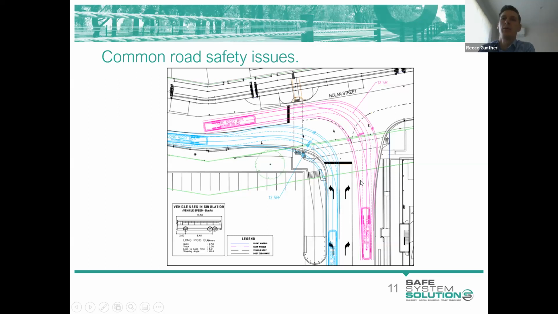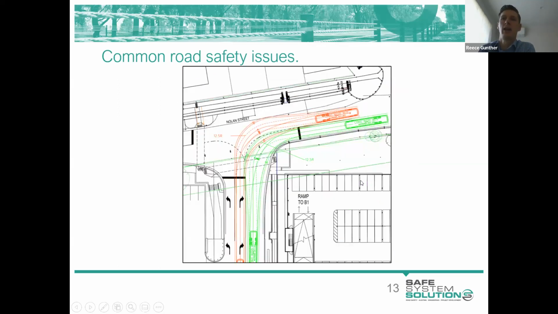It's also important to check all intersection movements. So I ran the swept path analysis for the other two movements, which are the left in and the right out at this particular location. This was based on the phasing diagram that was provided.